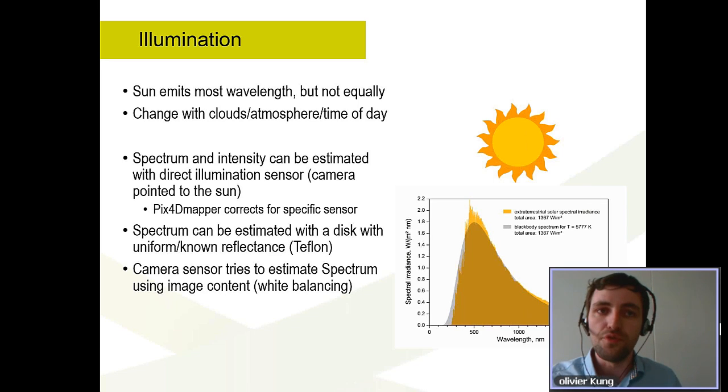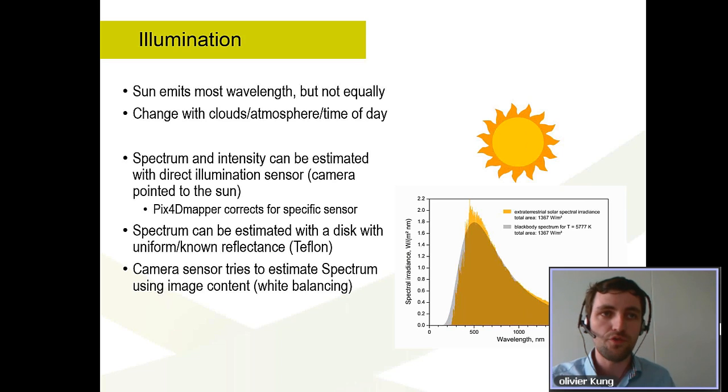That's not the only way to remove the effect of the sun. The other way would basically be to analyze the spectrum using a reflectance pattern on the ground, which is usually a Teflon disc because of its very nice properties, with uniform and known reflectance. What you would do then is go in the image, find this point, click on it to tell that this is a place with known reflectance, and then this can be used to relatively estimate the spectrum.